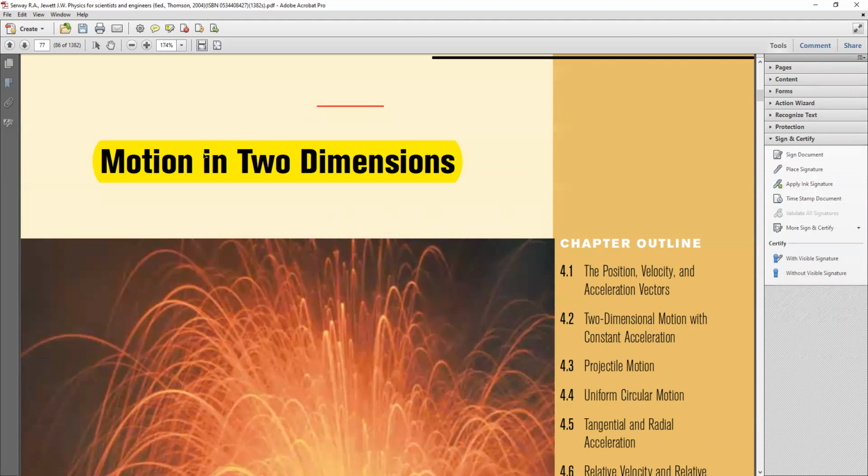Yes. Okay. Motion in 2 dimension. I think it is not properly working here. So it's better to go to this side. It's not working very well here.